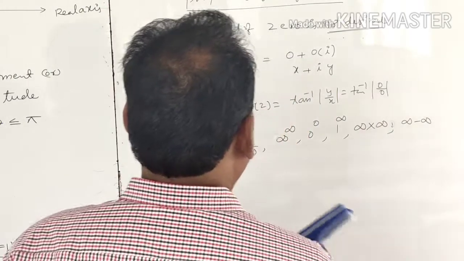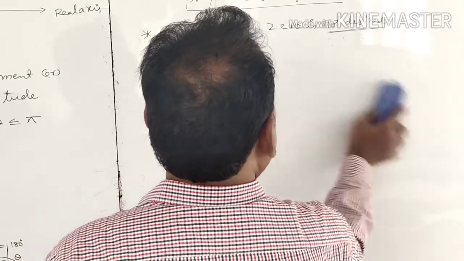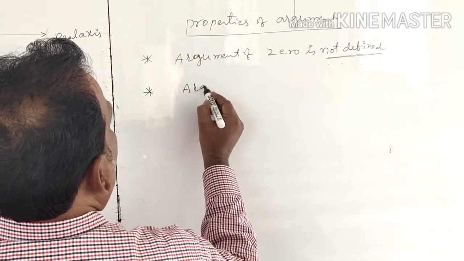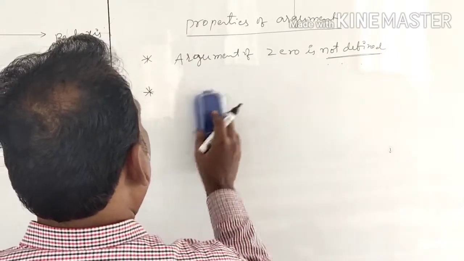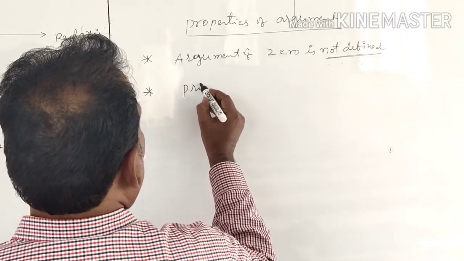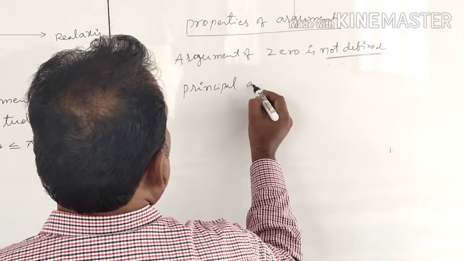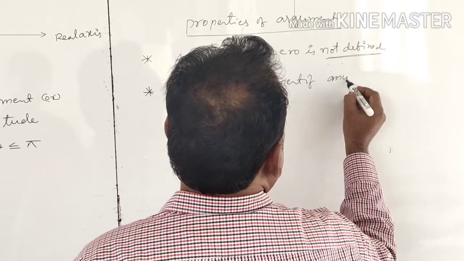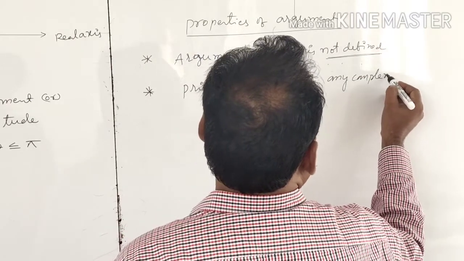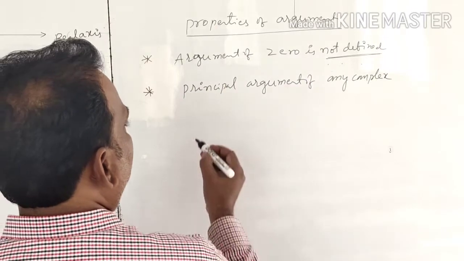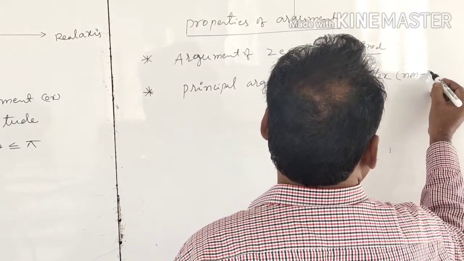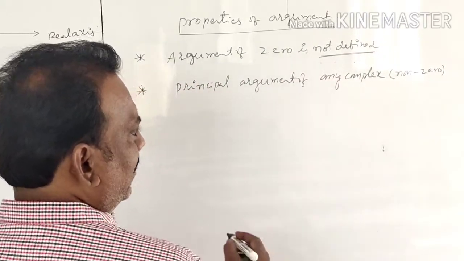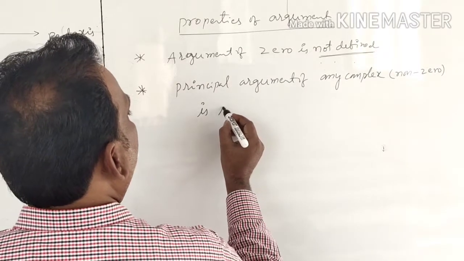Next, the second point. Argument here means nothing but principal argument. The principal argument of any non-zero complex number, you can write non-zero in brackets because the argument of zero is not defined, is unique.